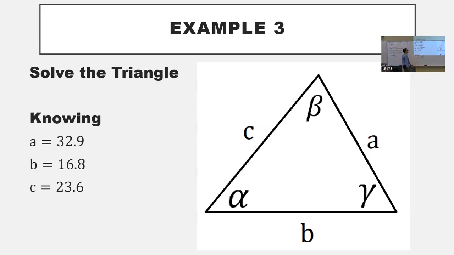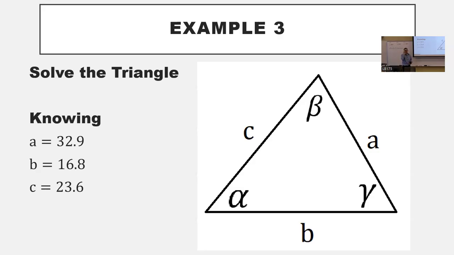Now, the last scenario in which law of cosines is needed is the scenario in which I'm given 3 side lengths and no angles. So in this case, I'm given that A is 32.9, B is 16.8, and C is 23.6.